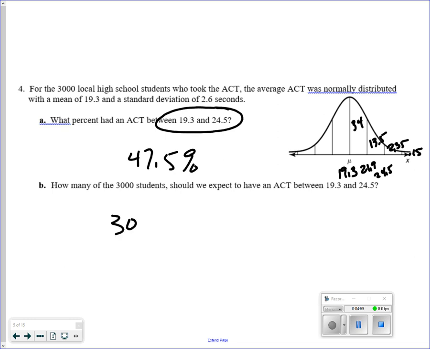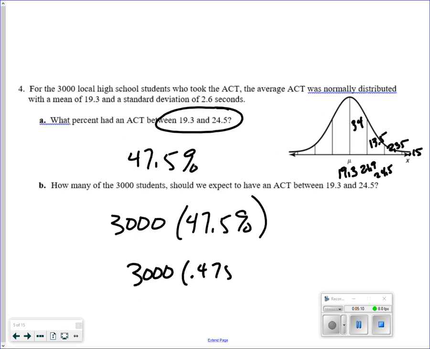So again, if there's 3,000 students of which we are expecting 47.5% of those students, so I multiply 3,000 times 0.475, and I should expect roughly 1,425 students to actually get an ACT score between that range.